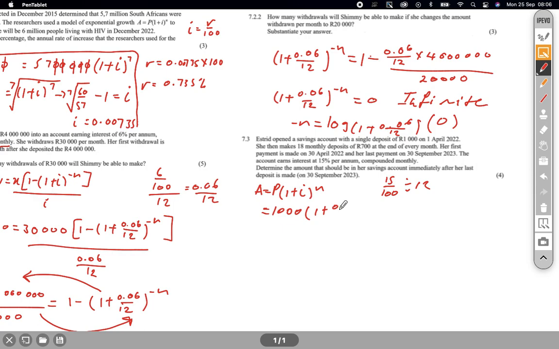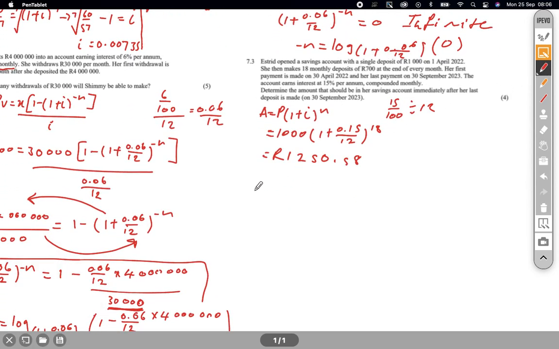So this is going to be 0.15 over 12 to the power of 18. Okay, and if you punch this into your calculator, you should get 1,250.58.